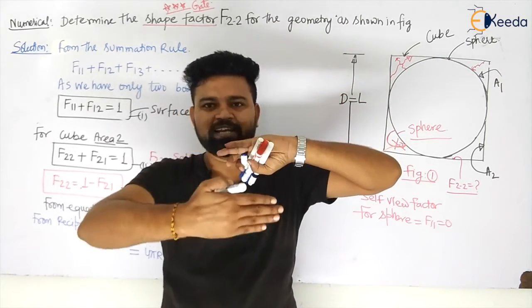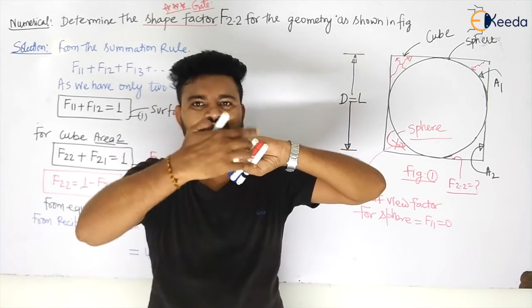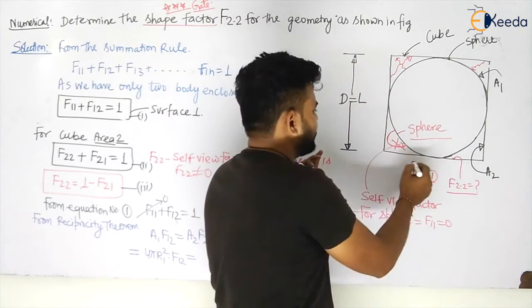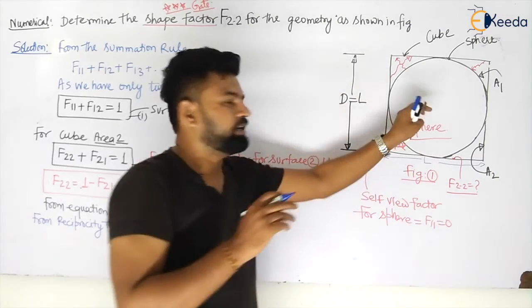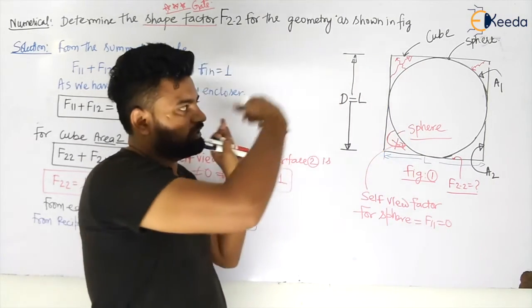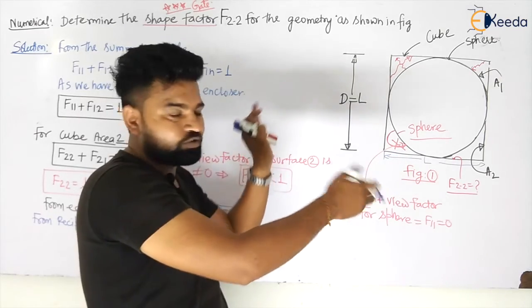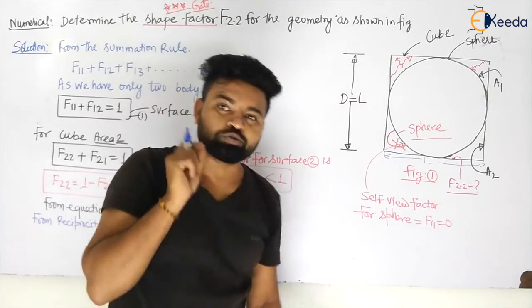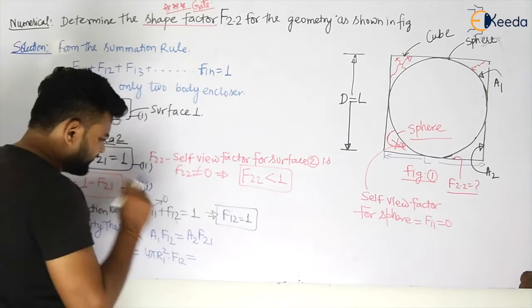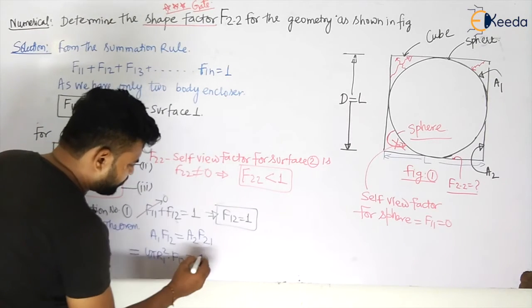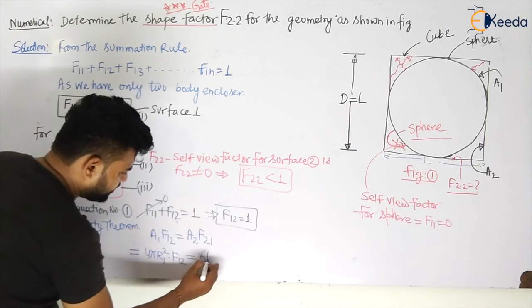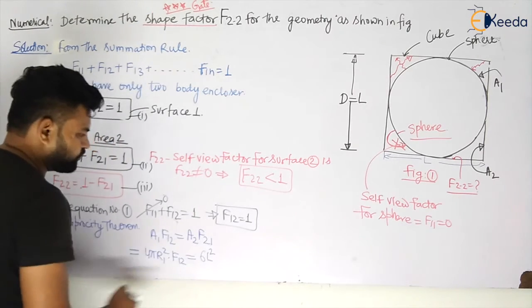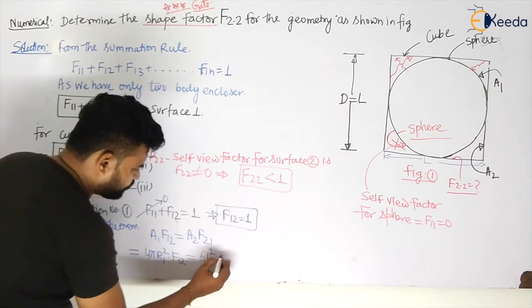If it has length L, the front area will be L into L, so L square. The back side will be L square, this side L square, the other side L square, upper and top L square. So the total area will be 6 a square, where the side is given to be L. So this will be 6L square, multiplied by F21.